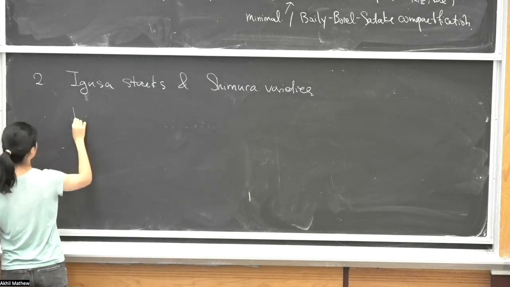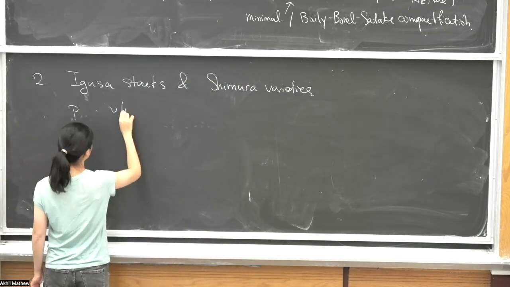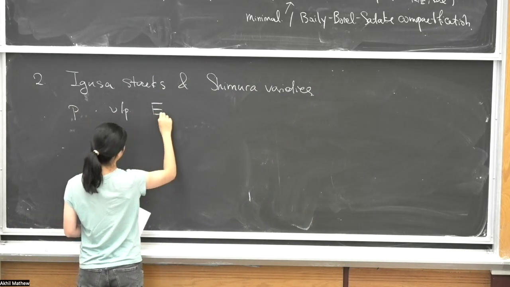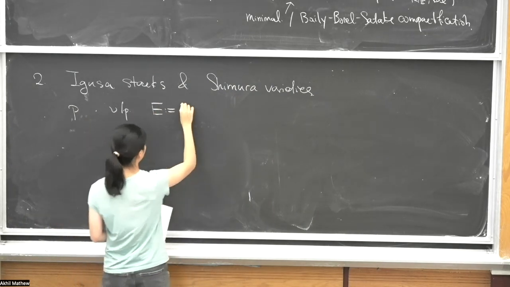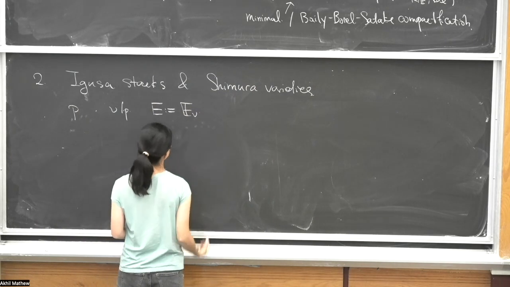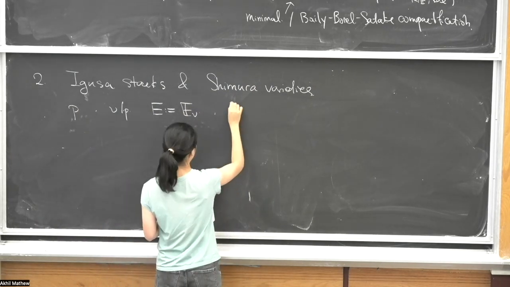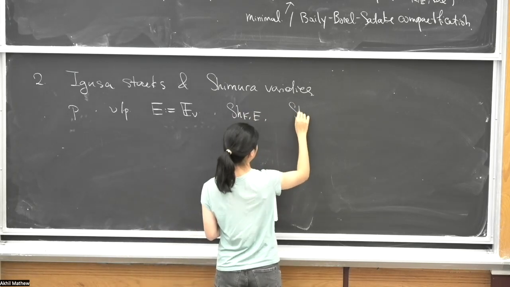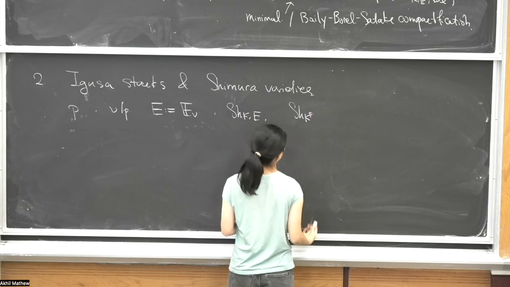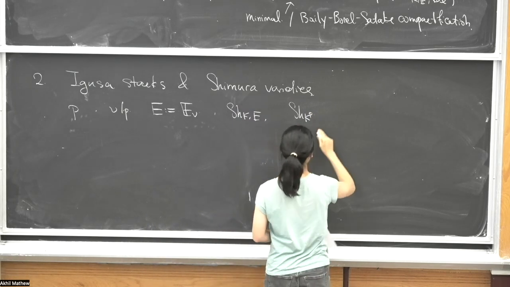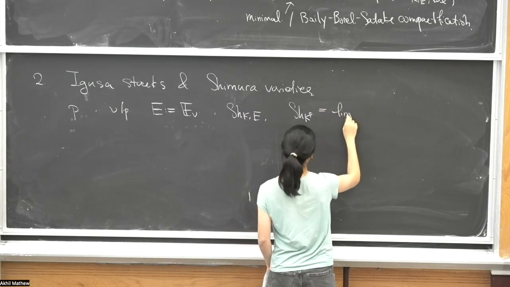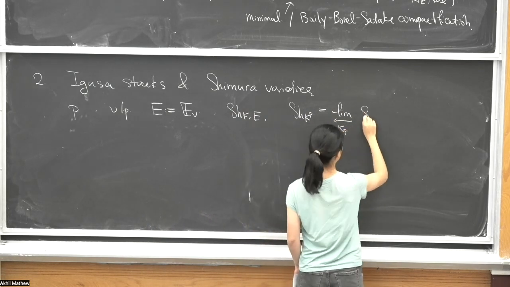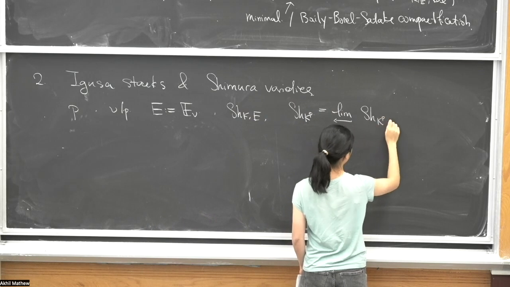For this, fix a rational prime p and a place above p of the reflex field, and consider this local field obtained by completing the global reflex field at the place, and then base change our Shimura variety to this local field. I'll also consider a variant of this finite level Shimura variety by fixing an away from p level and taking the inverse limit of the Shimura varieties at all finite levels at p.